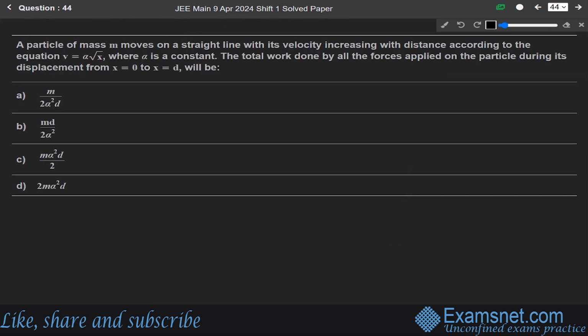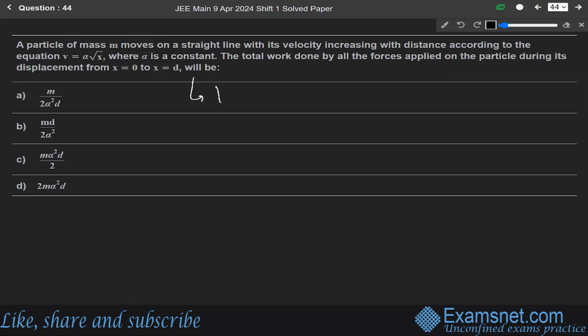Now, 44th question. A particle of mass m moves on a straight line with its velocity increasing with distance, according to the equation v equals alpha under root of x, where alpha is a constant. The total work done by all the forces applied on the particle during its displacement from x equals 0 to x equals d will be. Okay.